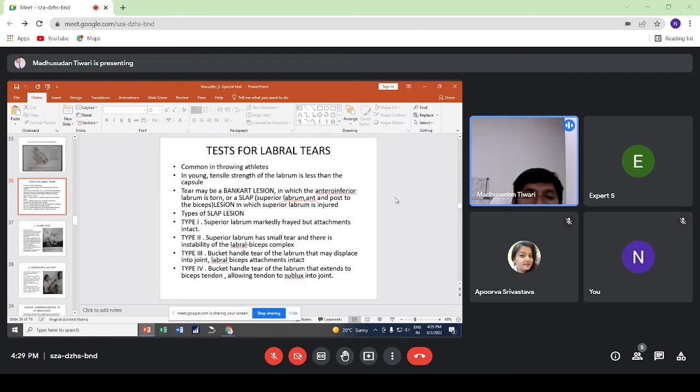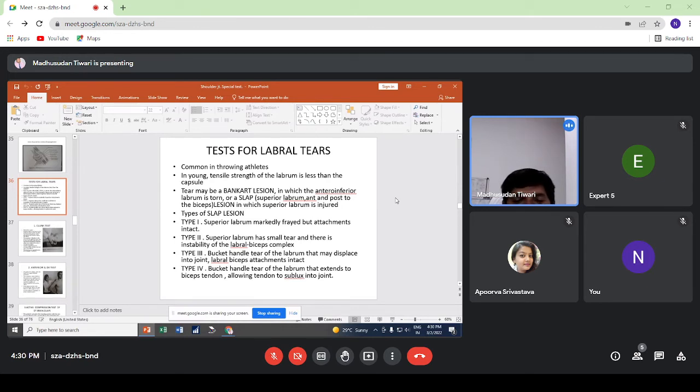The SLAP lesion has four types. Type 1, superior labrum marked frayed but attachment is intact. Type 2, superior labrum has a small tear and there is instability of the labral biceps complex.